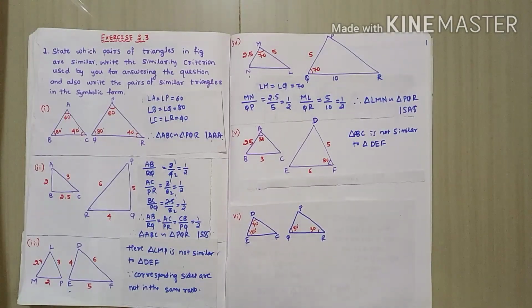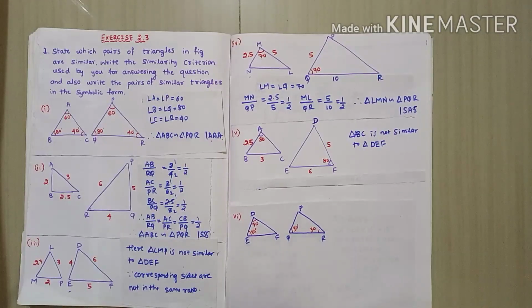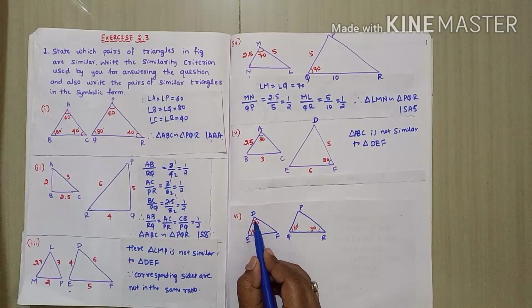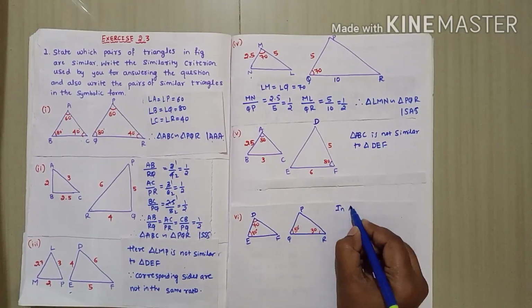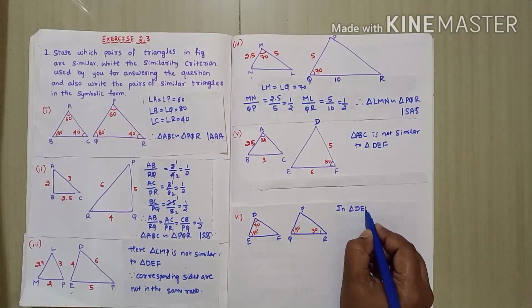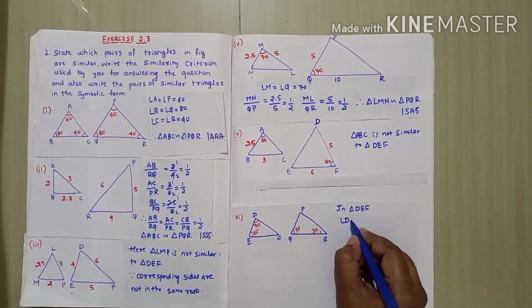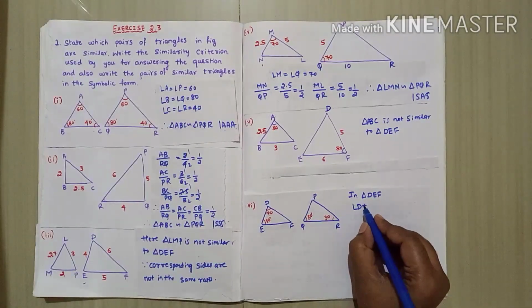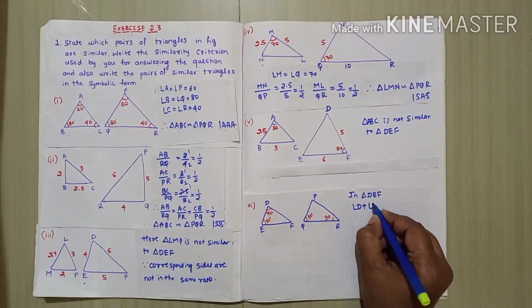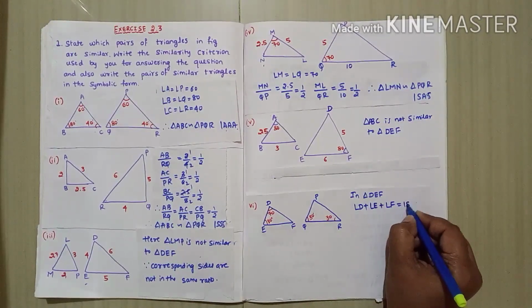In the sixth one, you see two angles are given in each triangle: 70 degrees, 80 degrees, and 80 degrees, 30 degrees. First I will consider triangle DEF. Which are the three angles? Angle D plus angle E plus angle F is equal to 180 degrees.